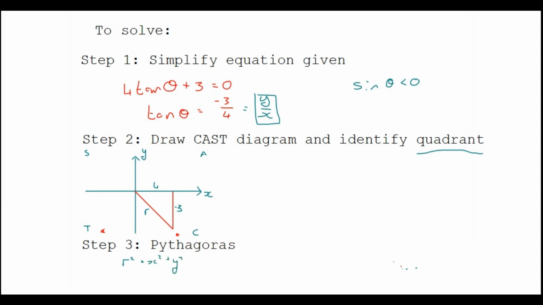And you will always do this at this point, whether you're looking for x, y, or r. To get r alone, it is the square root of your x squared, which is 4 squared, plus your y squared, which is (negative 3) squared. That gives you 16 plus 9, the square root of 25, which equals 5. So your radius over here is equal to 5.